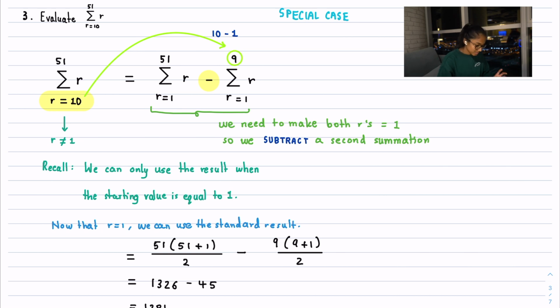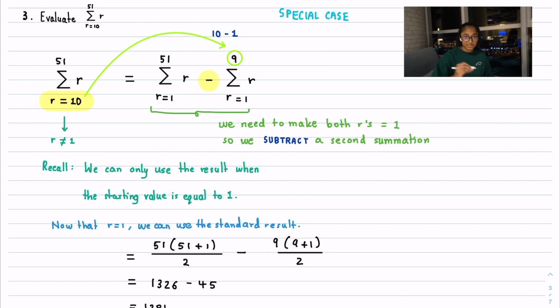So take a moment and read what I wrote. We need to make both r's equal to 1, so we subtract a second summation. And remember, the most important thing is to get this initial lower limit subtracted by 1.